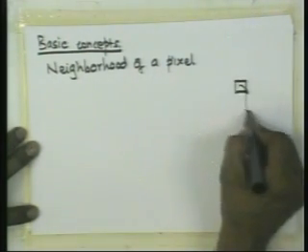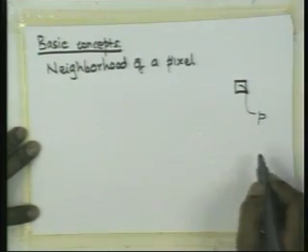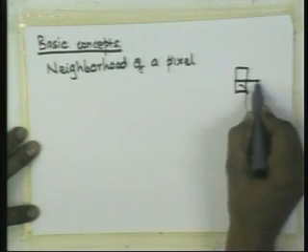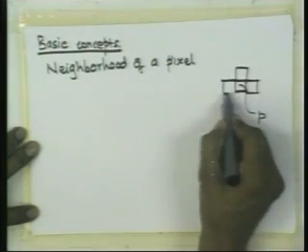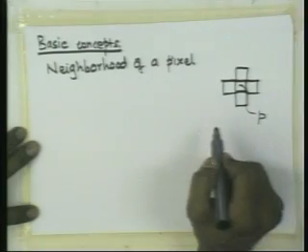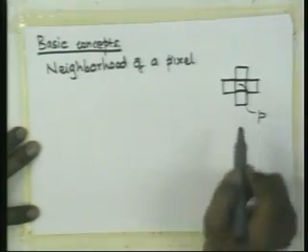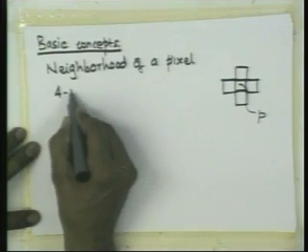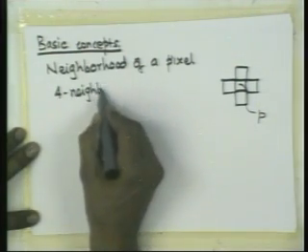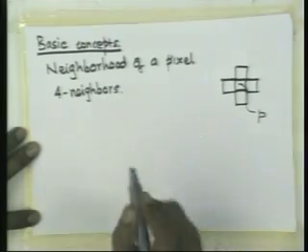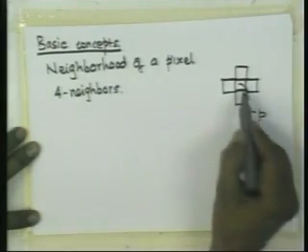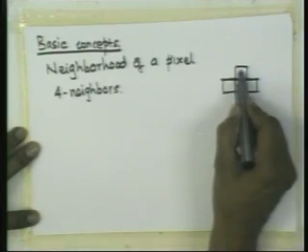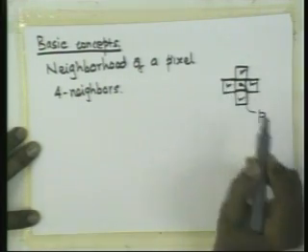So this is my pixel, say P. Then I have a neighboring pixel here, here, here, and here. I can define these as 4 neighboring pixels, and these are called the 4 neighbors, or 4 neighborhood. So the 4 neighborhood of this point P is this one, this one, this one, and this one.